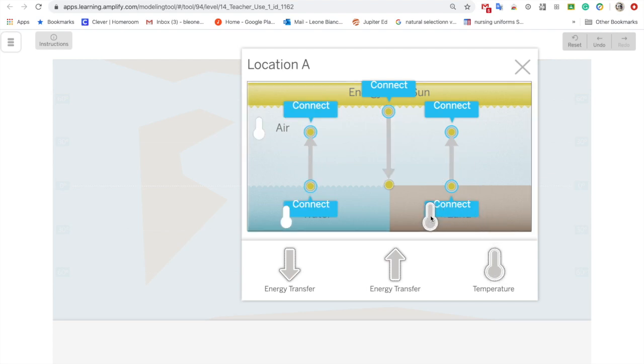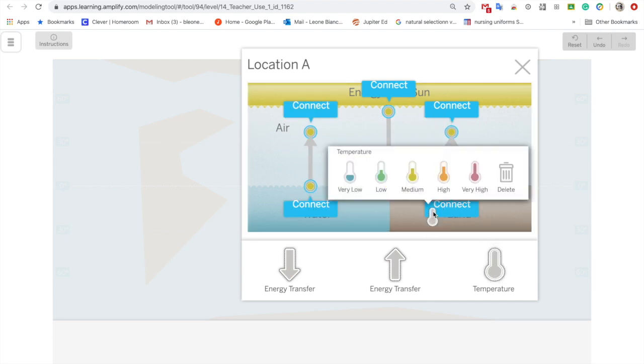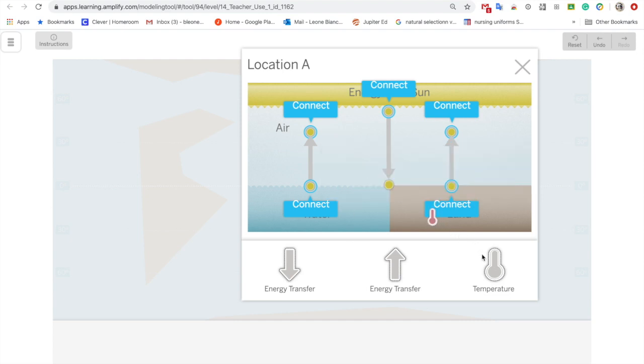Temperature. I'm going to say that this is very high.